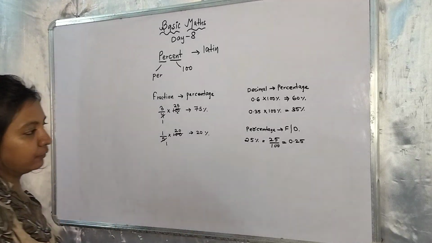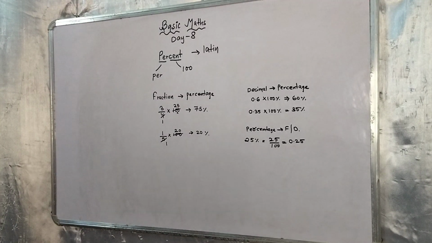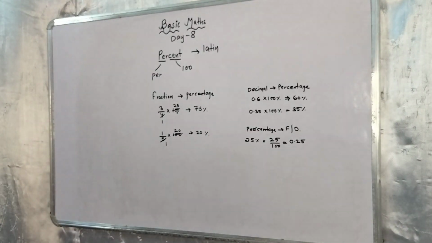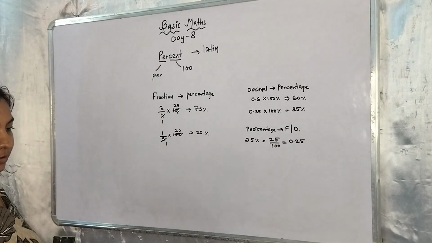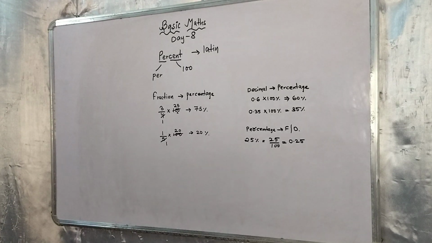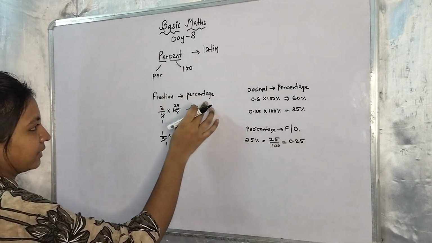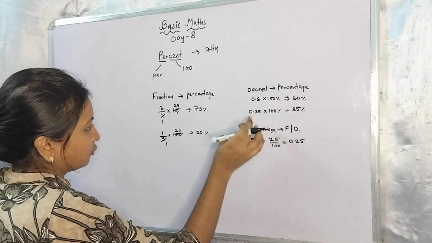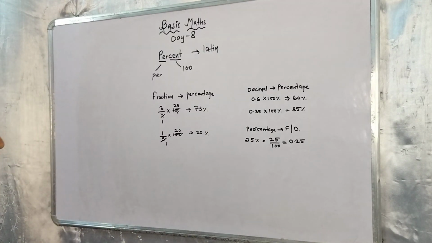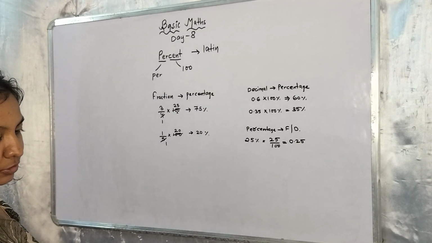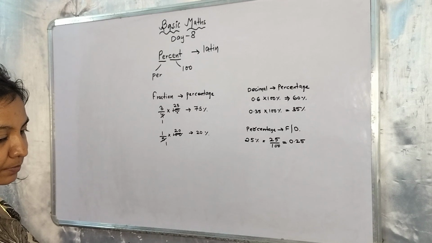When you convert percentage to fraction or decimal, you need to divide it by 100. I hope you understood. For fraction to percentage or decimal to percentage, we multiplied, and from percentage to fraction or decimal, you need to divide. This is very simple.